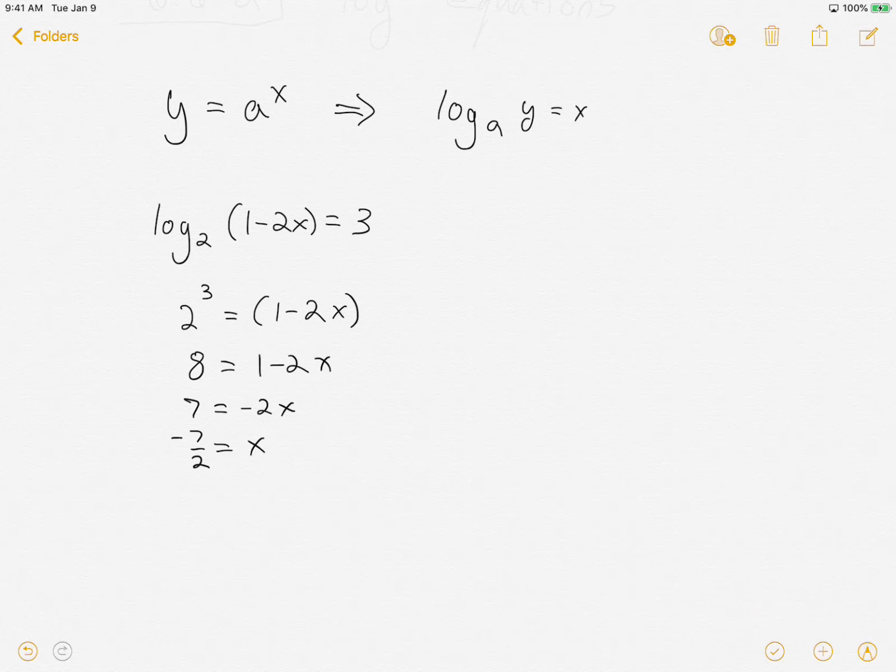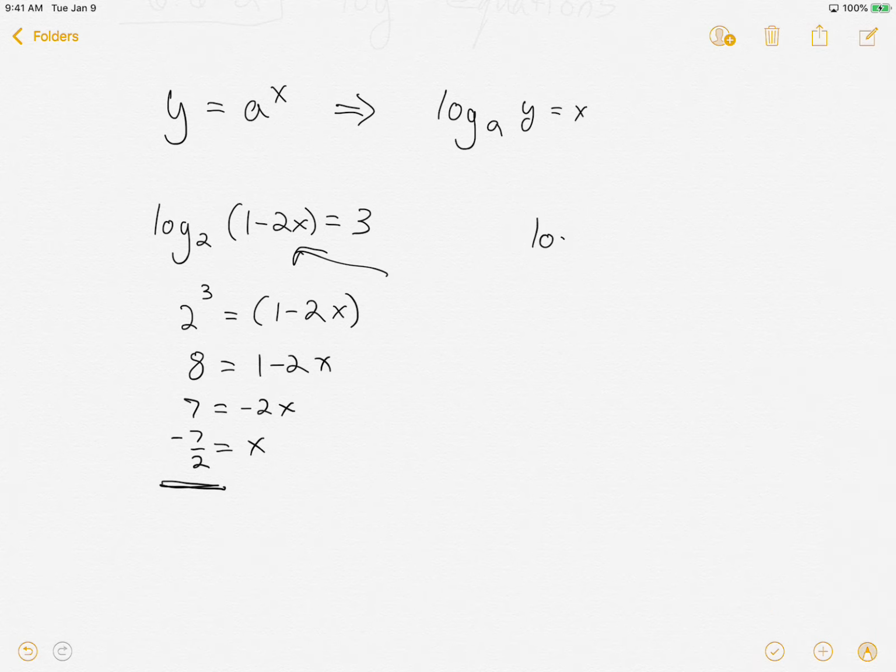Now, something very important whenever we are solving log equations is we need to check our answer, because that x is inside of a log, and we cannot take log of 0 or negatives. We talked about that a couple sections ago. So you always need to check your answer to make sure we are not taking log of a negative or 0.